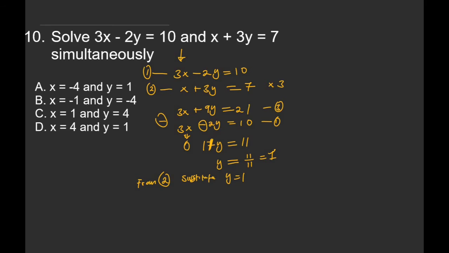And that will mean that x plus 3y will be 3 times 1, which is 3, equal to 7. Remember, this is equation 2, the equation I substituted the value of y into, and I have this, and that means x is equal to 7. If this comes here, it becomes minus 3, and x will be equal to 4. X is 4 and y is 1.